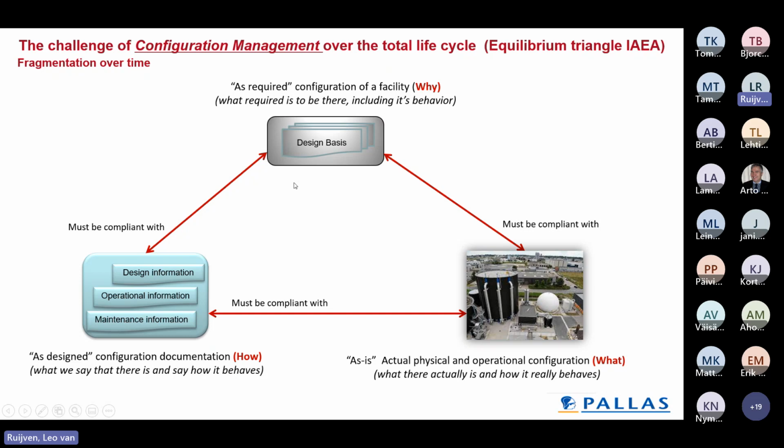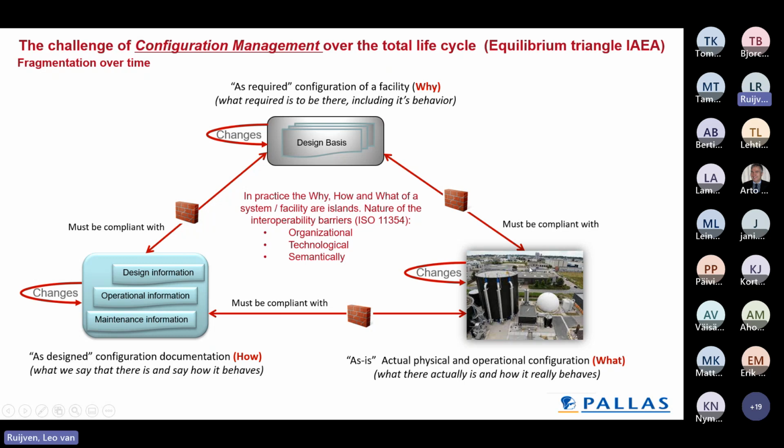The challenge is to prove and show that those three worlds are mutually compliant with each other, which also takes into account the changes over time, on design level, engineering level, and later on the plant on asset level.